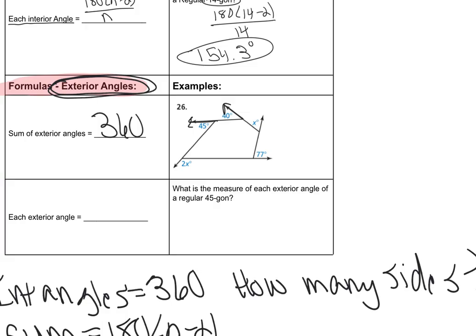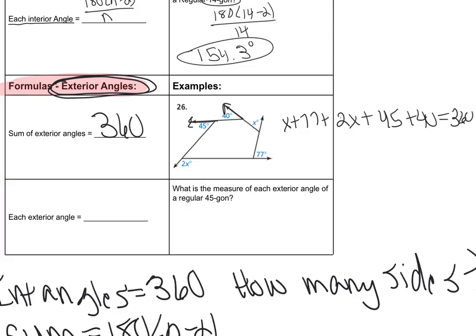And we know they are going to add to equal 360. So we have x plus 77 plus 2x plus 45 plus 40, and since those are exterior angles, they are always going to equal 360 degrees.